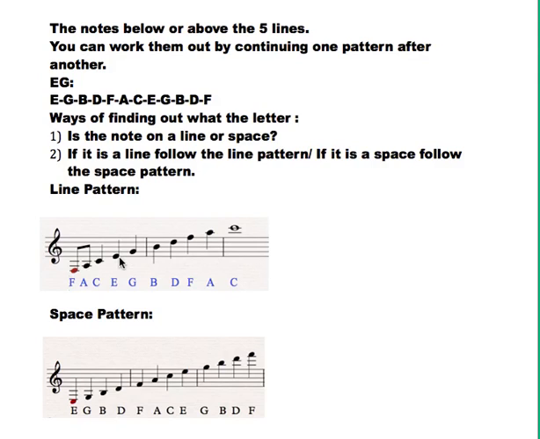So, E, C, A, F. This letter would be F because we went backwards in the pattern from the lines pattern, Every Good Boy Deserves Fruit. So we can understand that if there are lines above the 5 lines of the stave, we need to progress and move forward, continuing on with the second pattern, and if it is below the stave, we need to move backwards in that pattern.